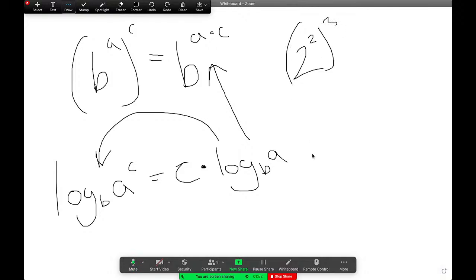And over here we have the same thing, which is log base b, which is 2, and you have the answer, which is 4 to the power of 3.